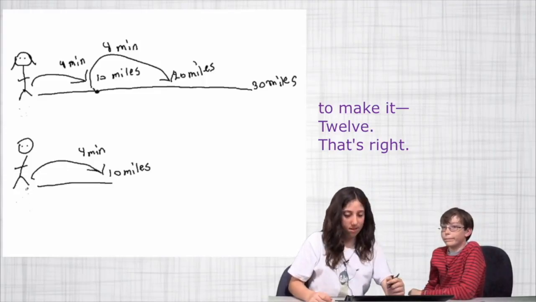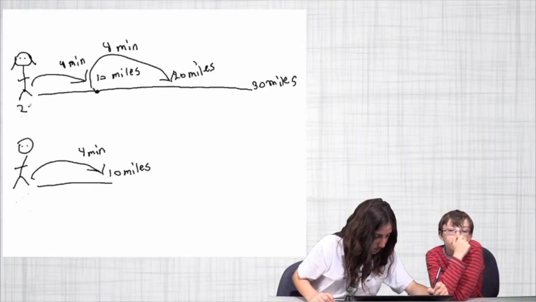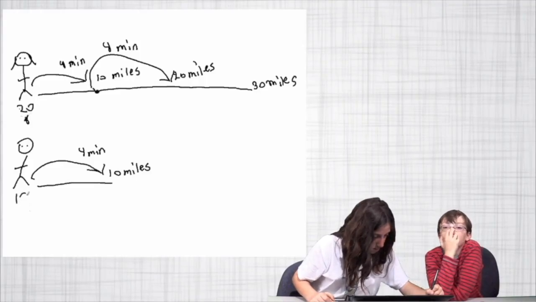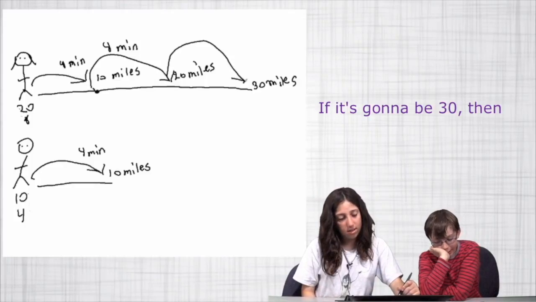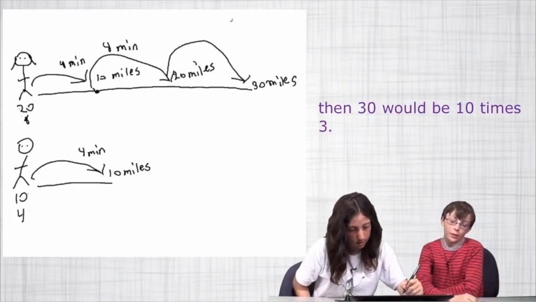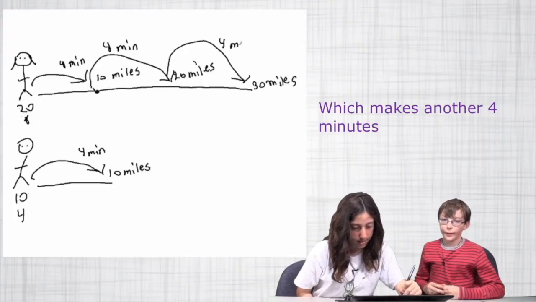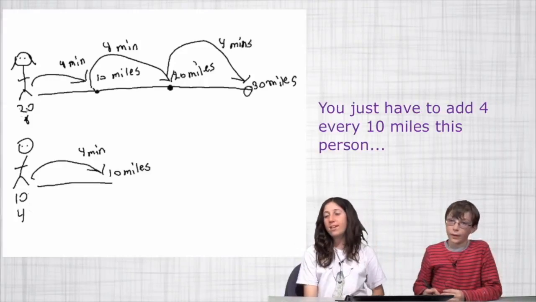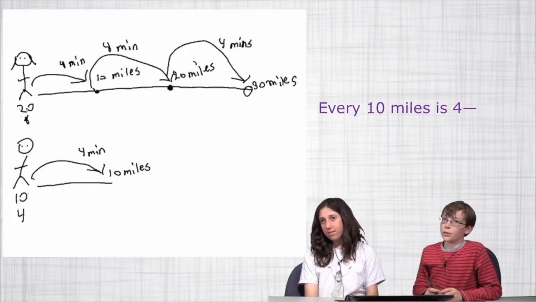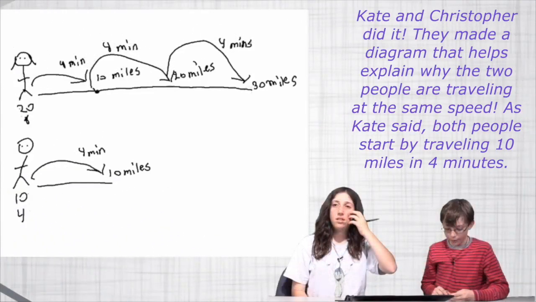That's why. Yeah. If it's going to be 30, then 30 would be 10 times 3. It takes another 4 minutes to go 10 miles. You just have to add 4 every 10 miles. Every 10 miles is 4, and you can make it every 5 miles is 2.